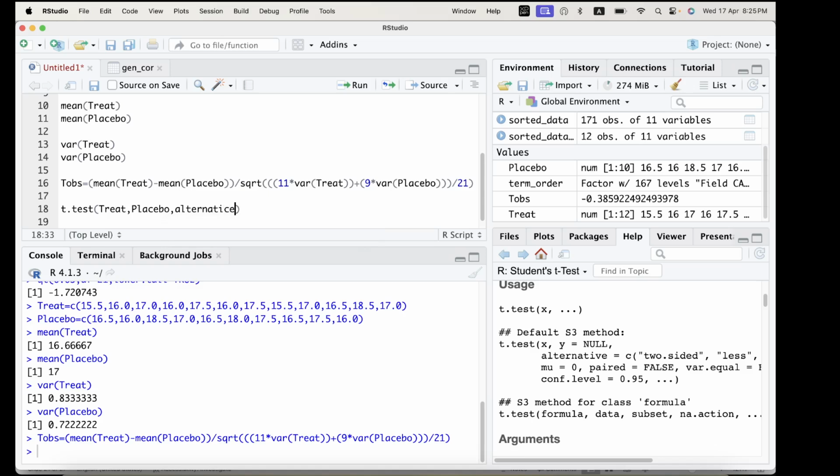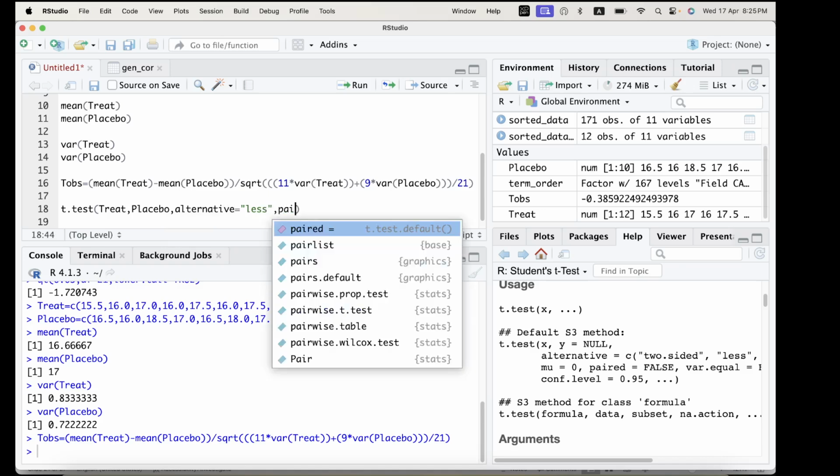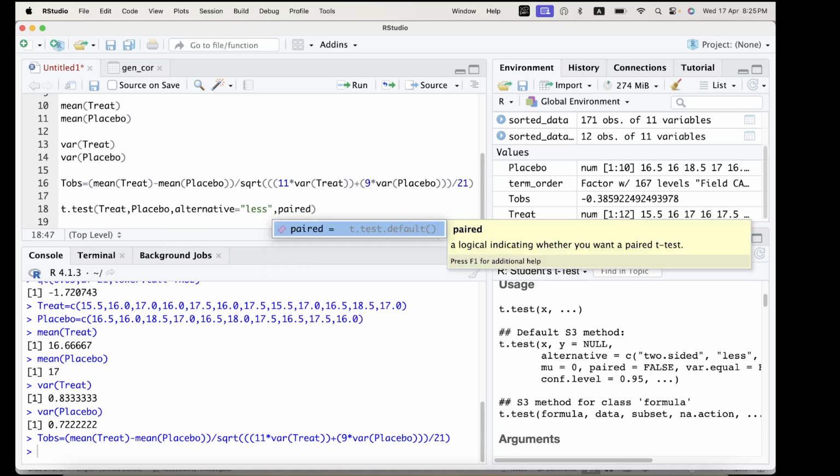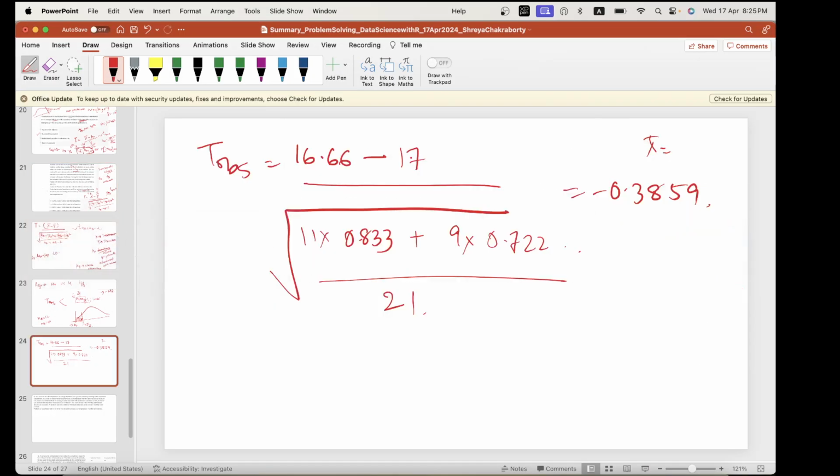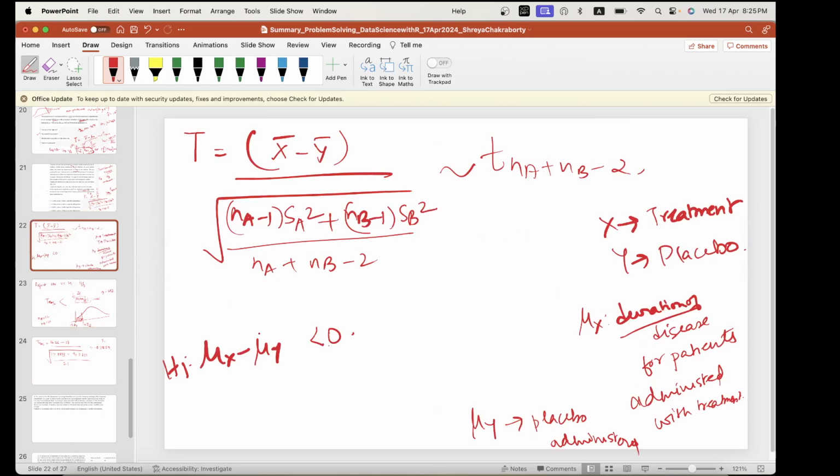Alternative is actually less, right? Alternative is less. We are doing x minus y, no? So our H1 was mu x minus mu y less than 0 we are testing. No, we have to do one-sided.